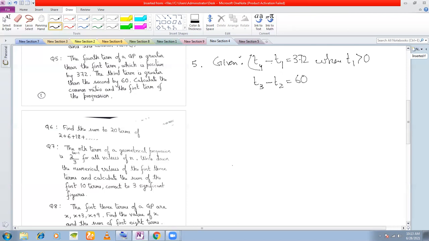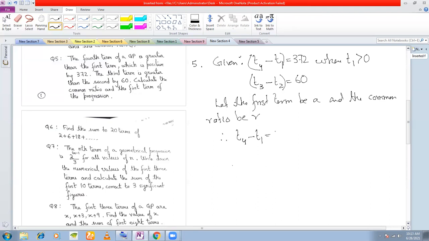So from these two conditions, T4 minus T1 is equal to 372 and T3 minus T2 is equal to 60. We will calculate the first term and the common ratio. So I say let the first term be A and the common ratio be R. Therefore, T4 minus T1 is equal to 372.